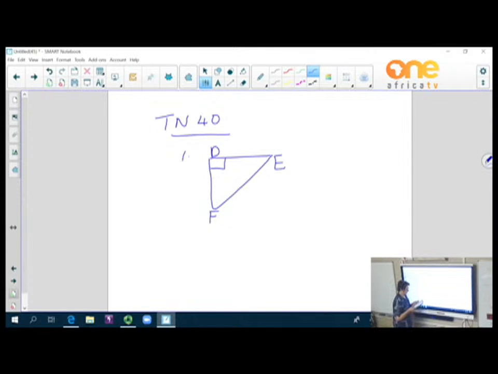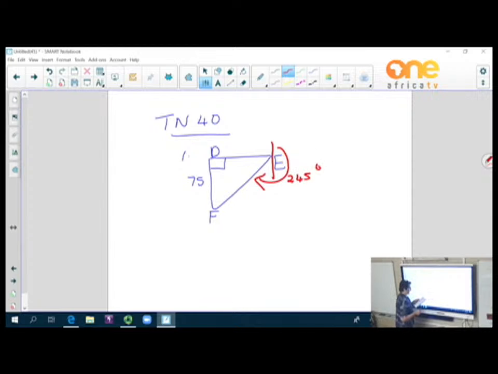So DF is 75, and the bearing of F from E is this angle there.